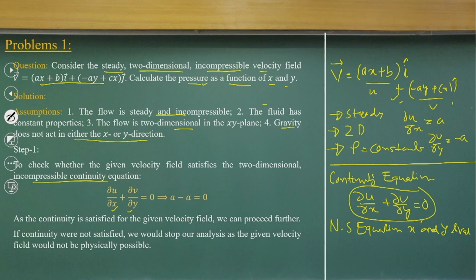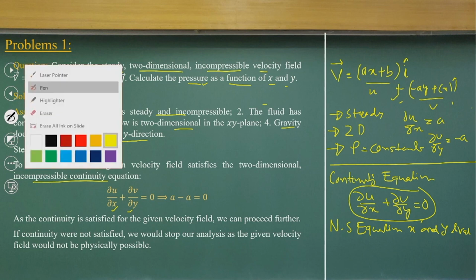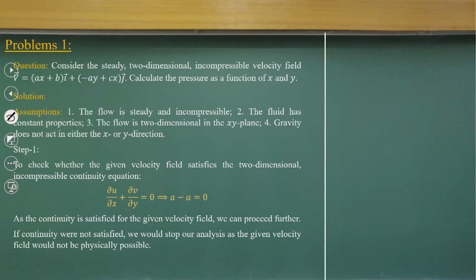This way you can always find out, just by looking at these components, that del u by del x is a and del v by del y is minus a. So, the combination of these will be 0, that is what it satisfies.